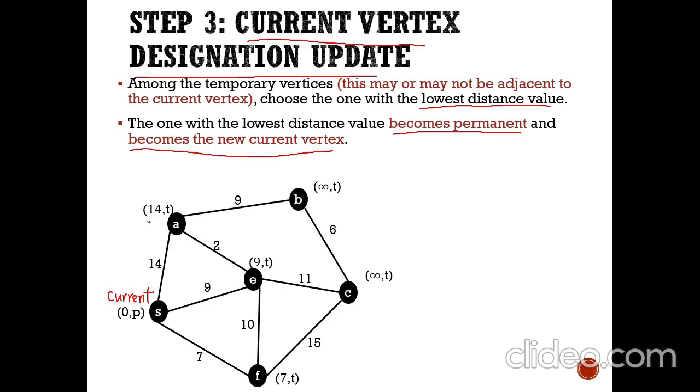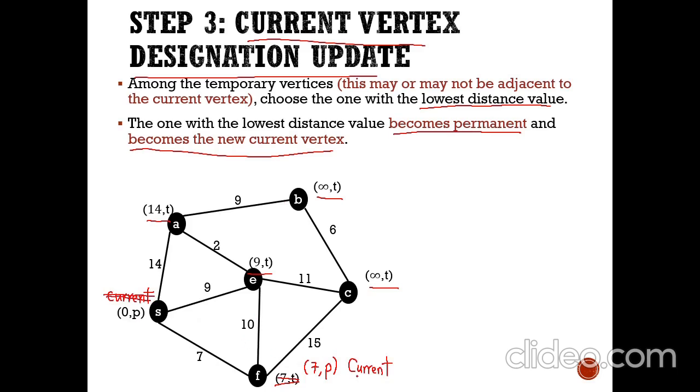So our temporary vertices are A, E, F, C, and B. Now among the temporary vertices, the lowest is F. So according to step 3, this is replaced by permanent and it will become the new current vertex. So we can now erase this one.